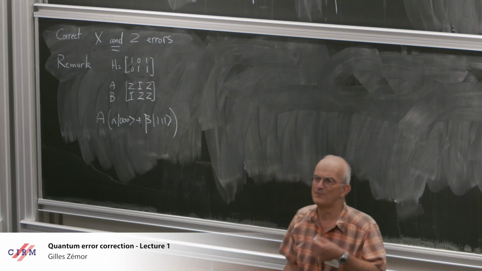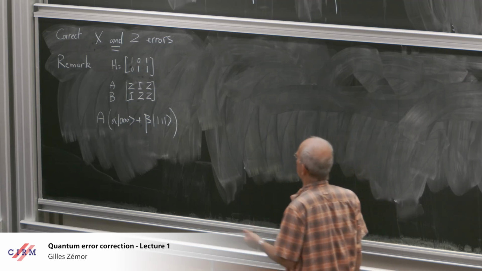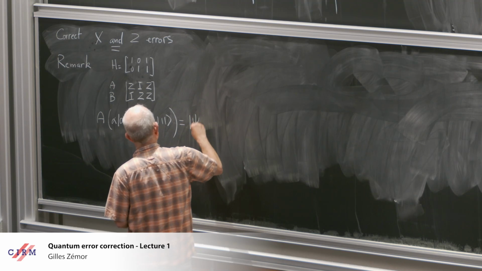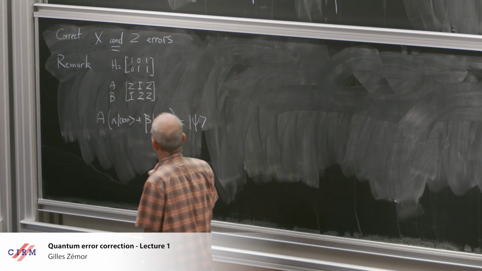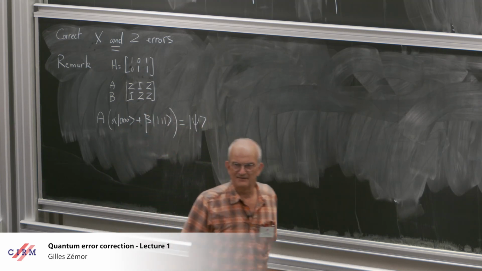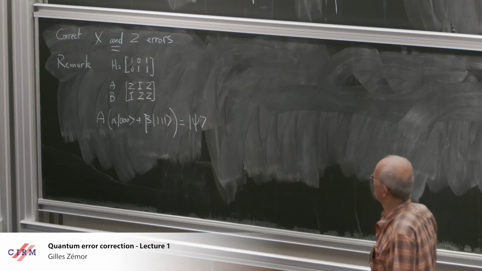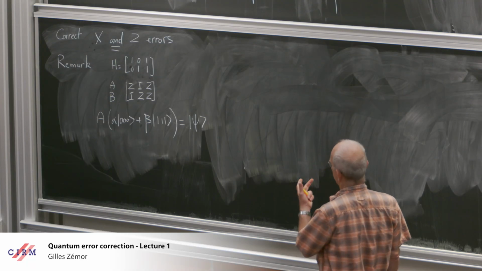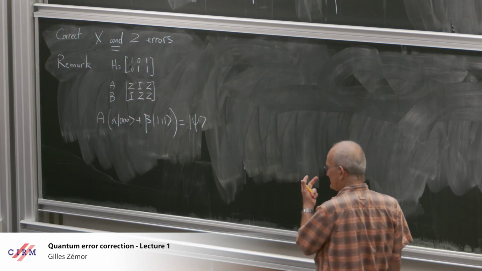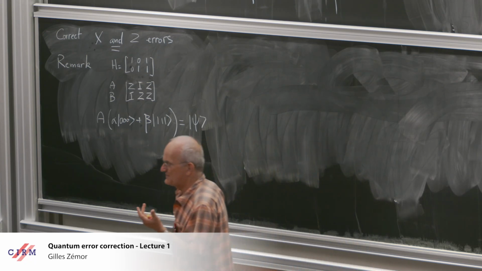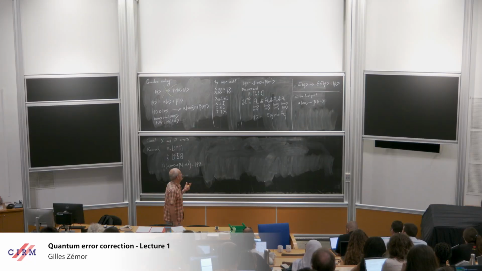So the 1 is back to a plus again. So these two operators, they stabilize our quantum state psi. And that may help us to try and devise a measurable syndrome function.